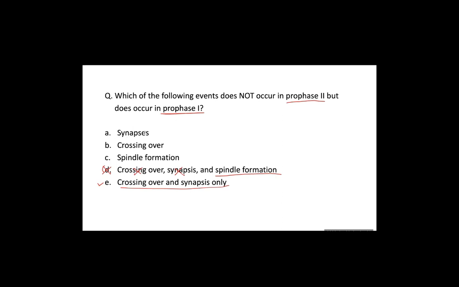So include synapsis and crossing over together. This is the best answer. In prophase 2, there's no crossing over, there's no synapsis formed. Therefore, even though there's spindle formation in D, this cannot be the answer. So the answer is E.